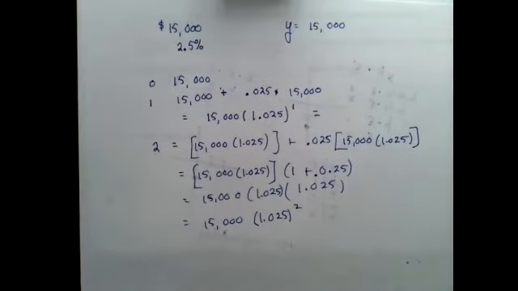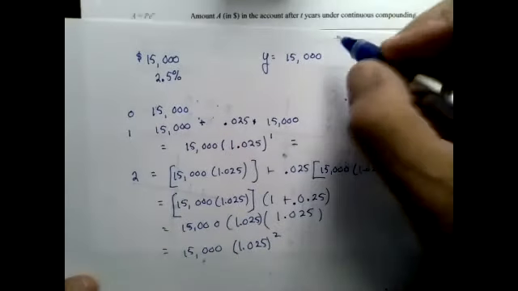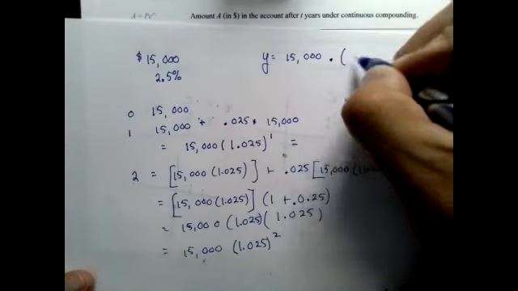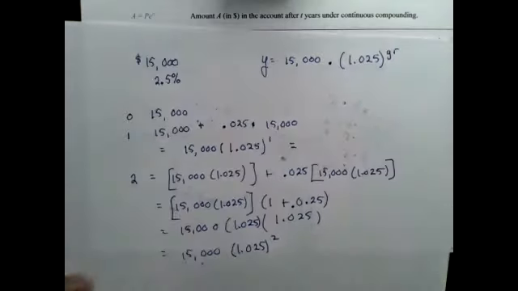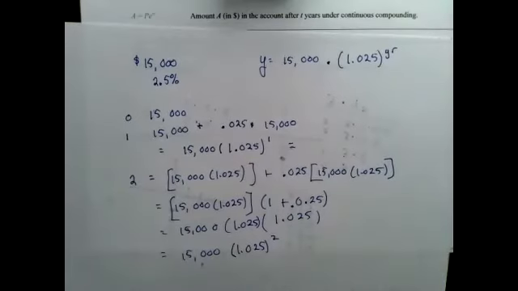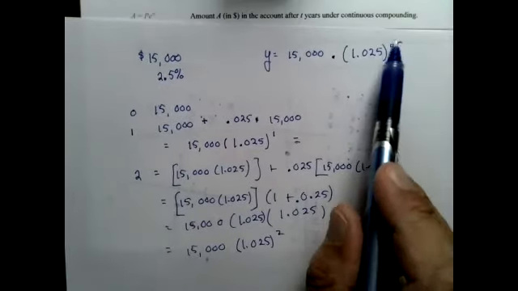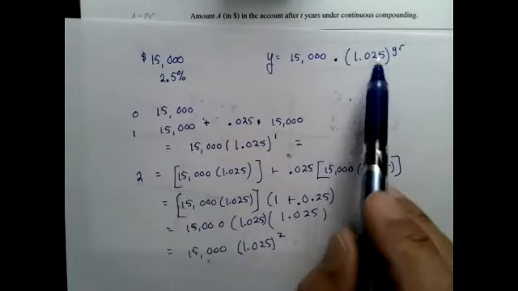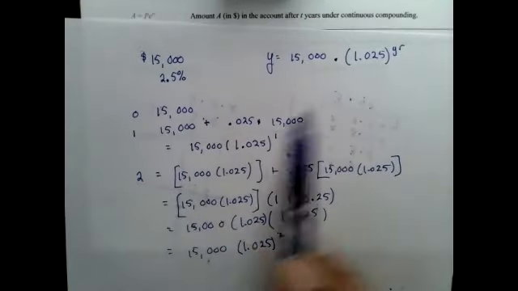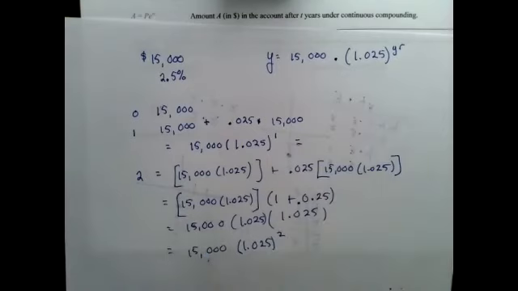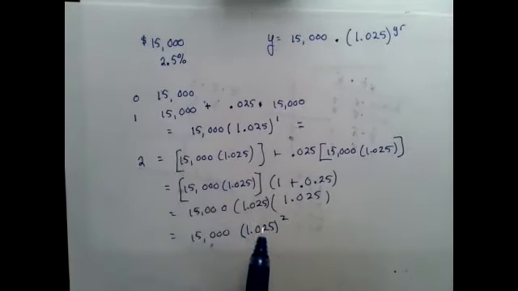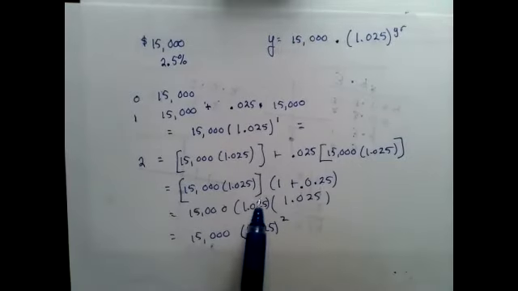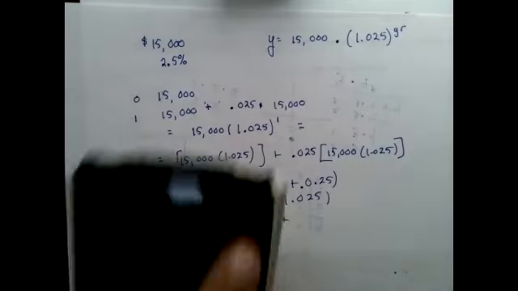So I end up with a function that looks something like 15,000 times 1.025 to the year power. At 0 years, this is 1, so it's 15,000. At 1 year, I would plug it in. At 2 years, not only am I getting interest on my 15,000, I'm getting interest on my interest. And it's going to keep increasing over and over and over.